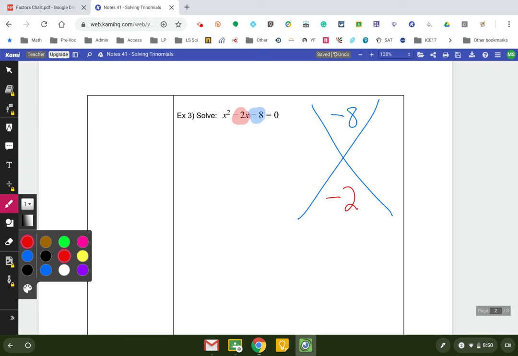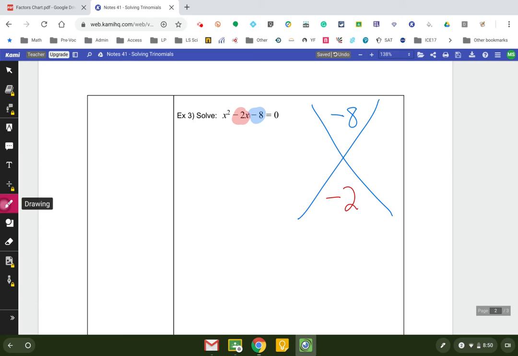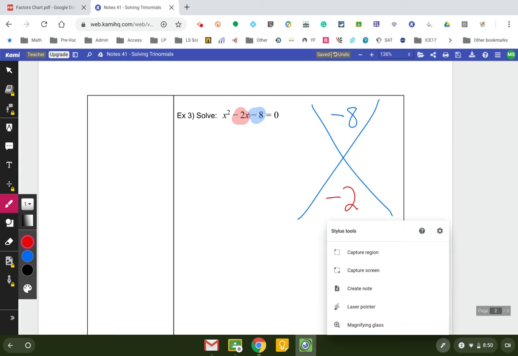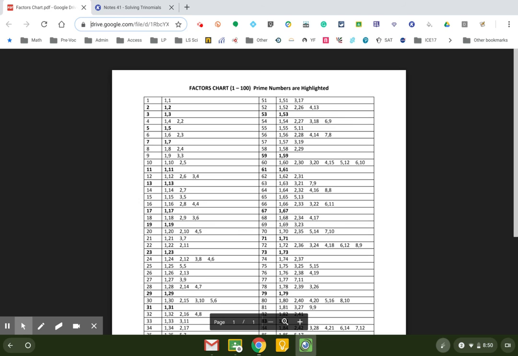Okay. And then to find these numbers on the side, you're going to use your factor chart. And so we're going to look at things that will multiply to negative 8, but add to negative 2. So if we go to our factor chart, I'm sorry, I'm looking at the wrong factors.